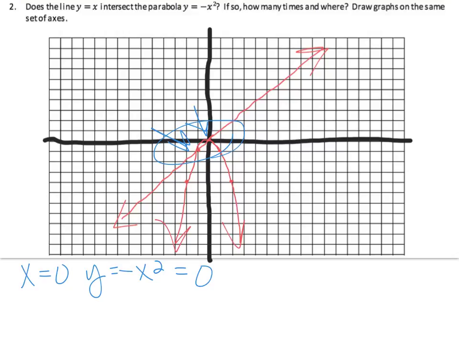And then if x equals negative 1, y equals negative x squared equals negative 1 also. So I've got 0, 0, and negative 1, negative 1 as my two solutions to that problem.